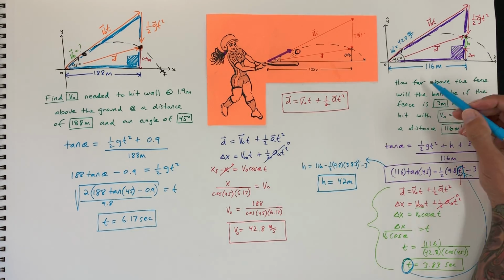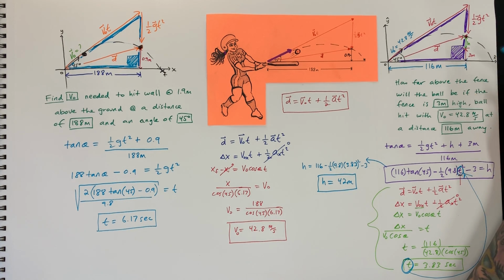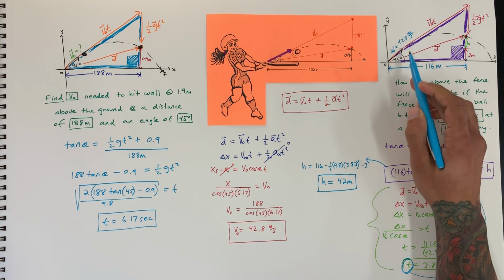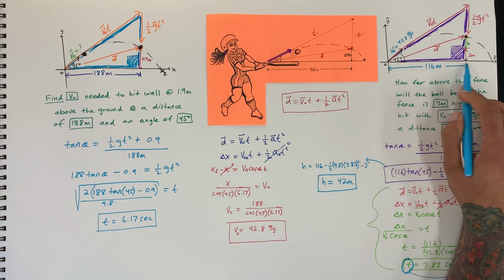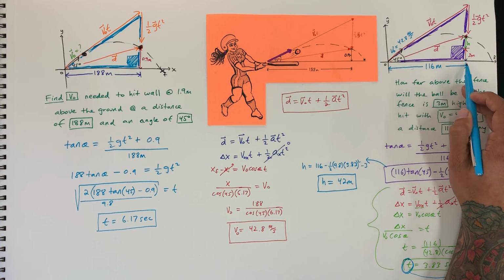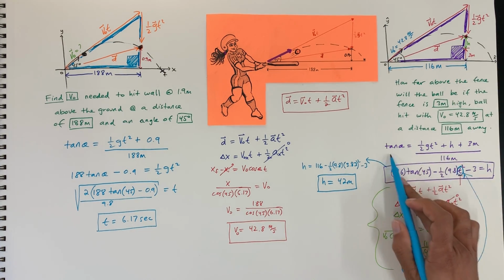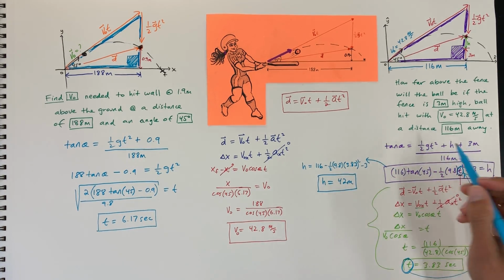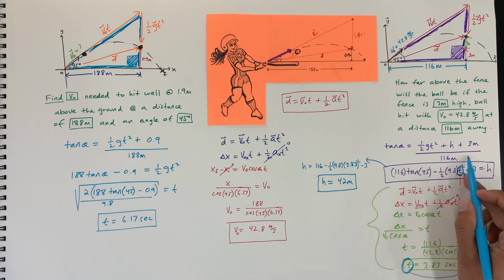Now moving on to the next part of it, it's very specific in asking how high above a 3-meter fence will the ball go if it's hit with a velocity of 42.8 at an angle of 45, a distance of 116 meters away. And so again, we use tangent, and you don't know which part you need to do first sometimes, so we just blindly went into trig identity, and then we quickly realized that our h is unknown, so two unknowns.